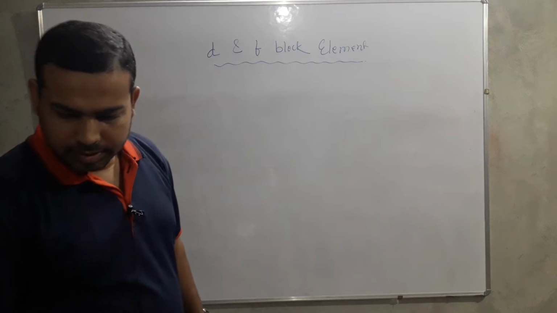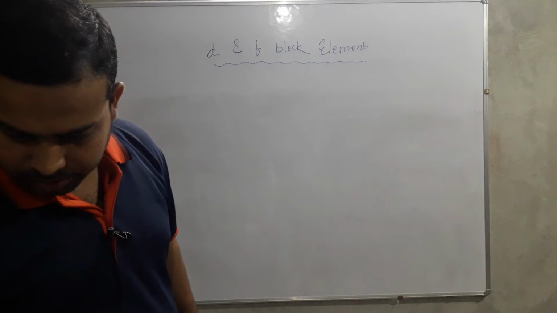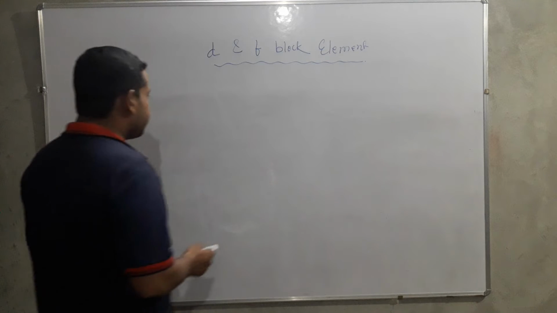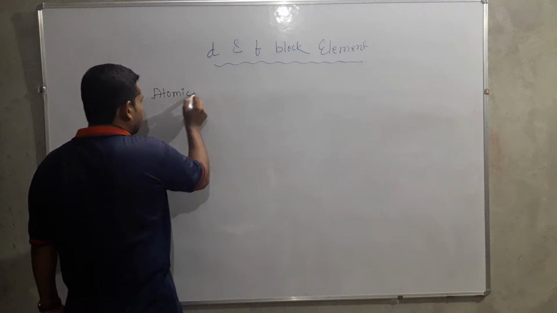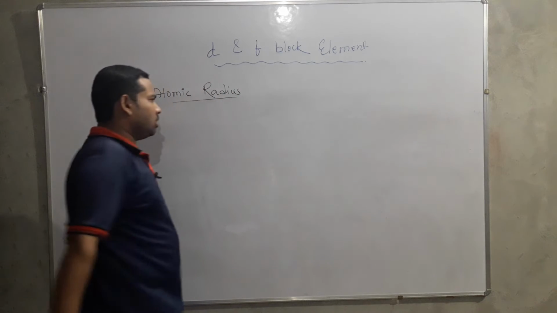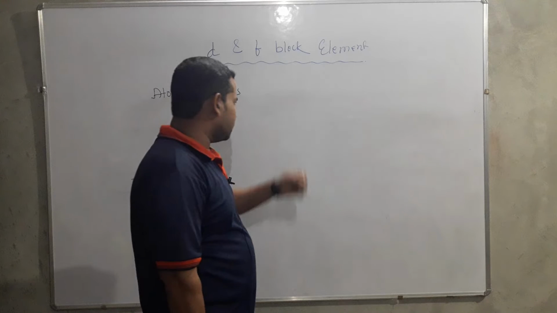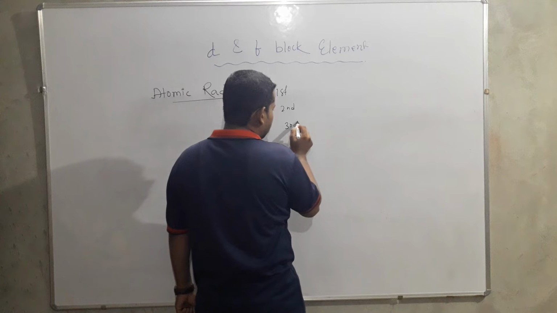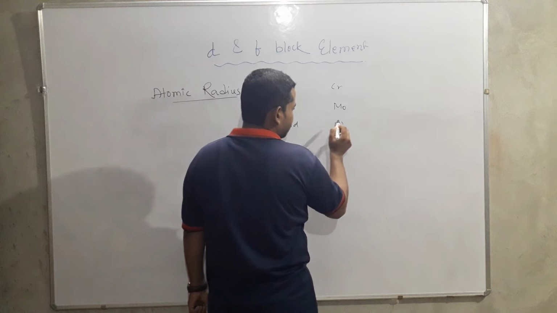Next is atomic radius. If you consider first row transition elements and second row and third row, first row say chromium, this one is molybdenum, this one is tungsten.